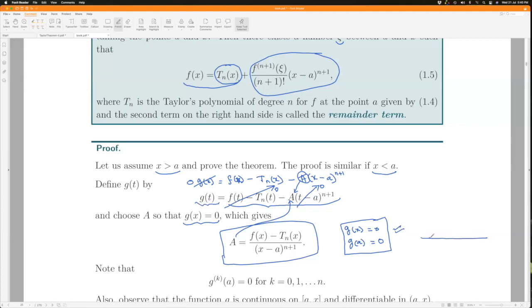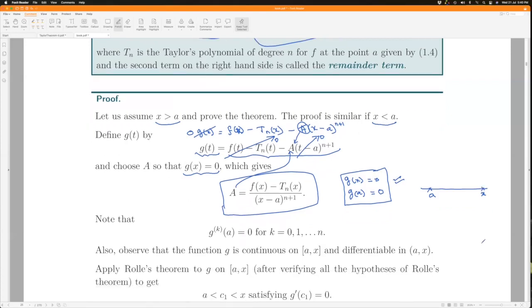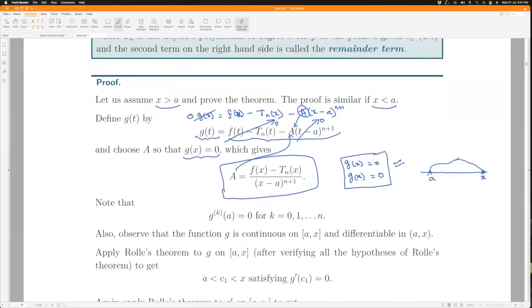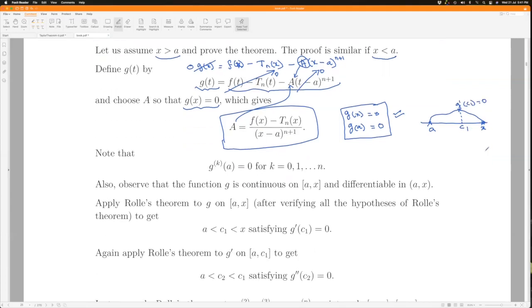So the function g, you can see that it is a continuous function. It vanishes at a, and also it vanishes at x. And remember, it is a continuous function. Therefore, by Rolle's theorem, we can find at least one point, say C1, such that g dash of C1 is 0, right? That Rolle's theorem will give you this guarantee.